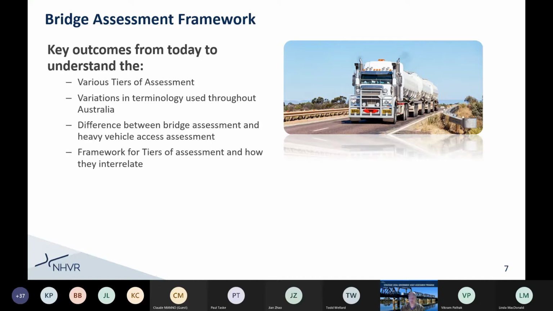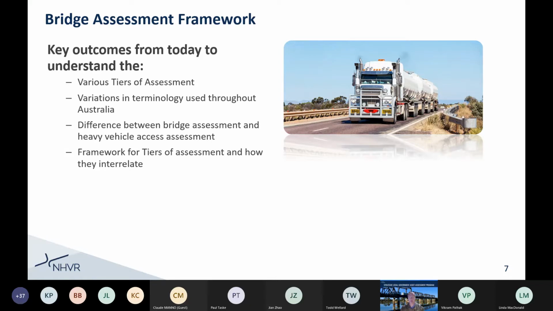In my very early days, I was testing bridges, going around putting bits of instrumentation on bridges. That was 25 years ago. It's a pretty interesting field, and it's really great to be able to share some of this knowledge with the folk out there. It's a pretty testing area to try and get your head around.